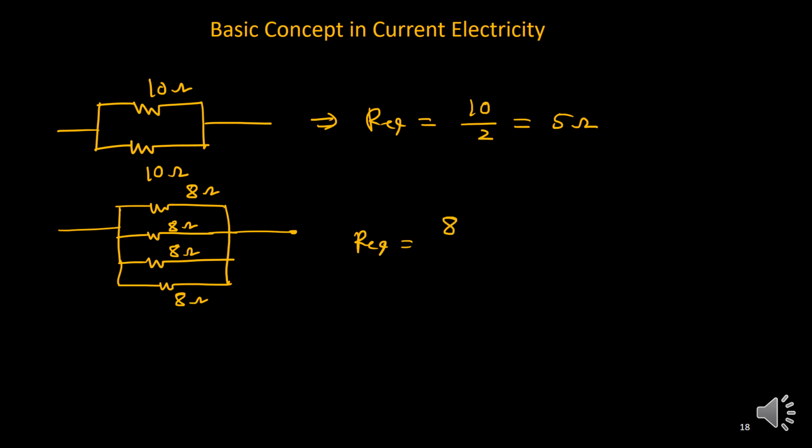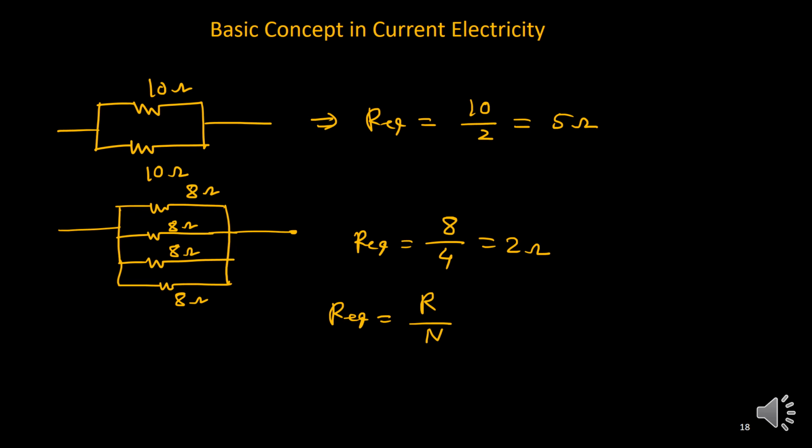So 8 by 4 equals 2 ohm. Very easy. So the number of elements you need to consider: if there are N elements, then R equivalent will be the resistance R divided by capital N, where N is the number of parallel resistances. Okay. It is very easy. You can remember these things.